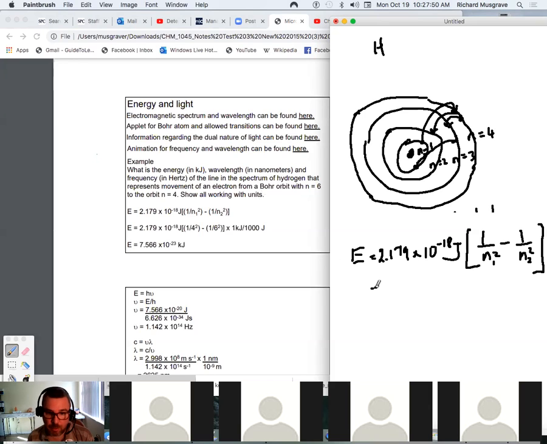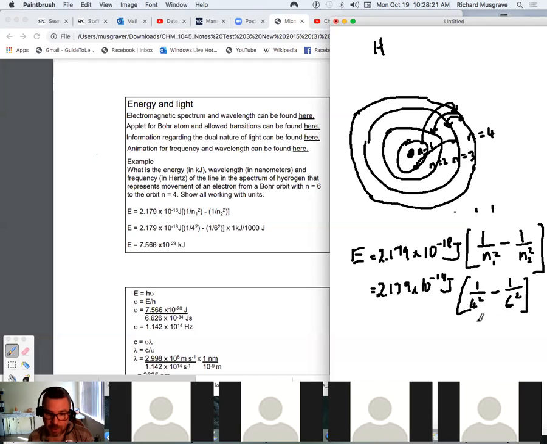So what I like to do in this case, I'm going to do 2.179 times 10 to the negative 18. And if I use the smaller n value here as n1, so it'll be 1 over 4 squared minus 1 over 36, or 1 over 6 squared, I definitely know that I'll end up with a positive value for E. Because if I switch that around, I'm going to get a negative value.